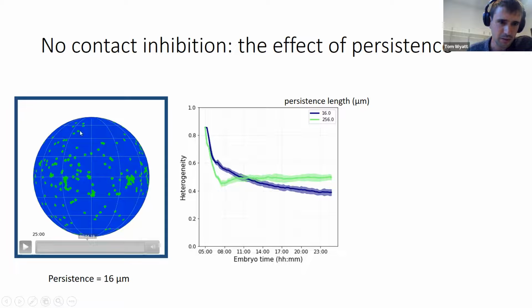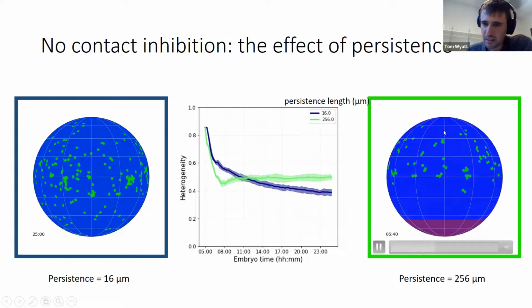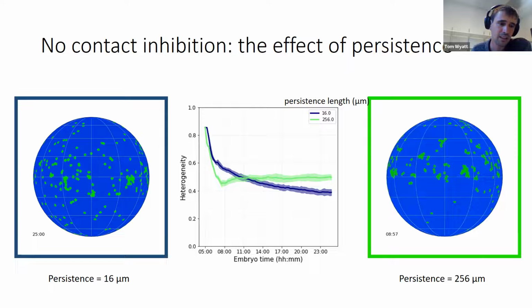We fast forward to 25 hours, you can see eventually cells are doing better. And so as you get to the later time point, it's continuing to improve and cells are finally reaching those empty spaces. Whereas the case with a long persistence length, cells start to do better at the beginning and reach further places around the embryo, but you get these aggregates forming, these build-ups where cells are stuck, and because they have this long persistence length, they're not resolving those aggregates, they're not changing their direction quickly enough.